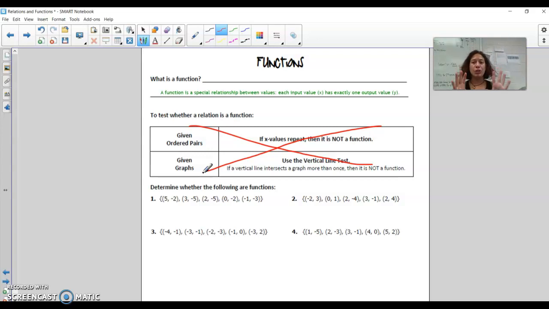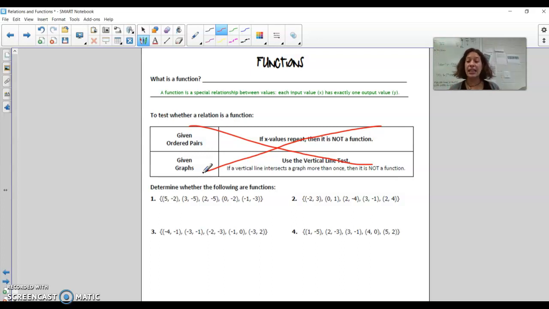So we know what a function is. Now we're going to look at some points, and we're going to see, is this a function? And remember, for something to be a function, when you plug in a number, 2, and it pops out a 5, every single time you plug in a 2, it's going to pop out a 5.